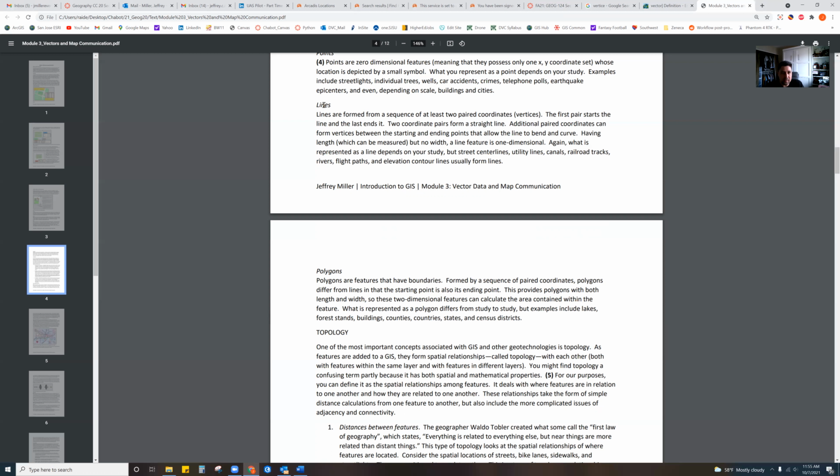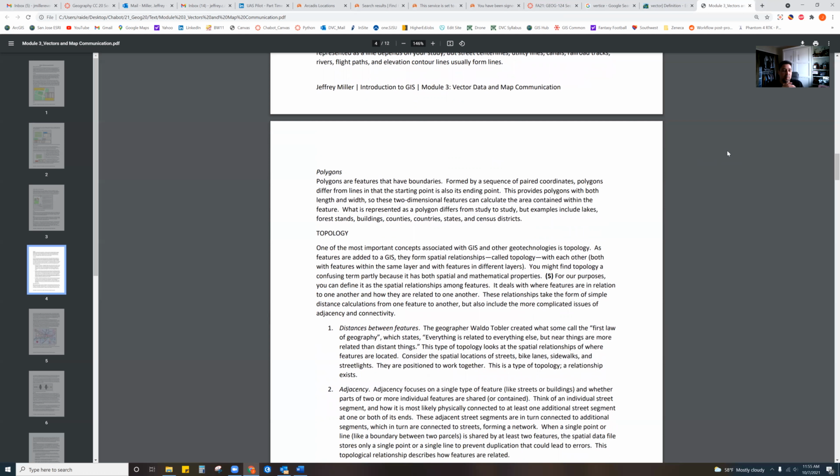Now polygons is the third one. Polygons are going to have some kind of boundaries to them. Polygons are again strung together by a sequence of coordinates. The difference is that the starting point of the polygon is also the end point of the polygon, and it's understood that there is something inside of that polygon.